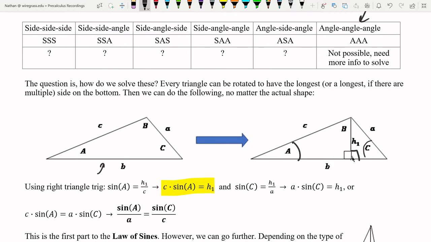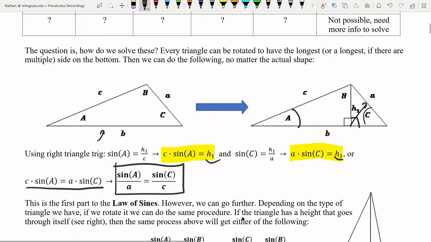And the hypotenuse of this right triangle is A. And rearranging that a little bit, we get this. But notice we have h1 and h1. So I can put C sine A and A sine C together, dividing the side lengths over, we're going to get this portion. And this is the first part of the law of sines.